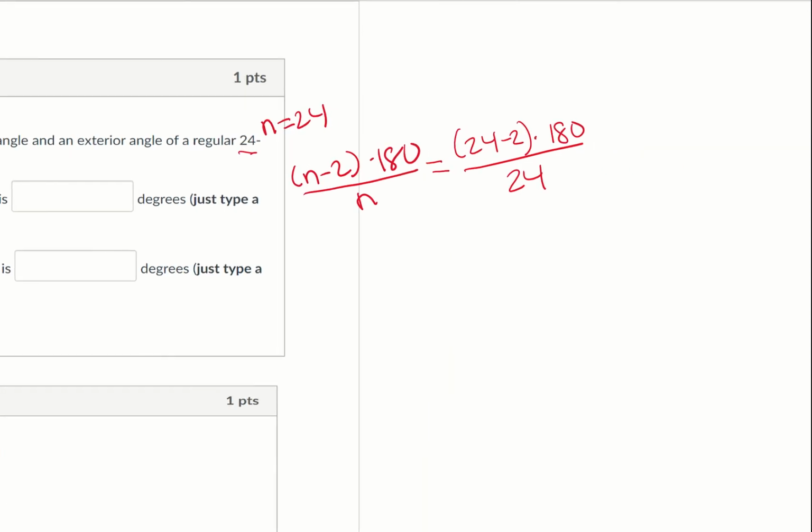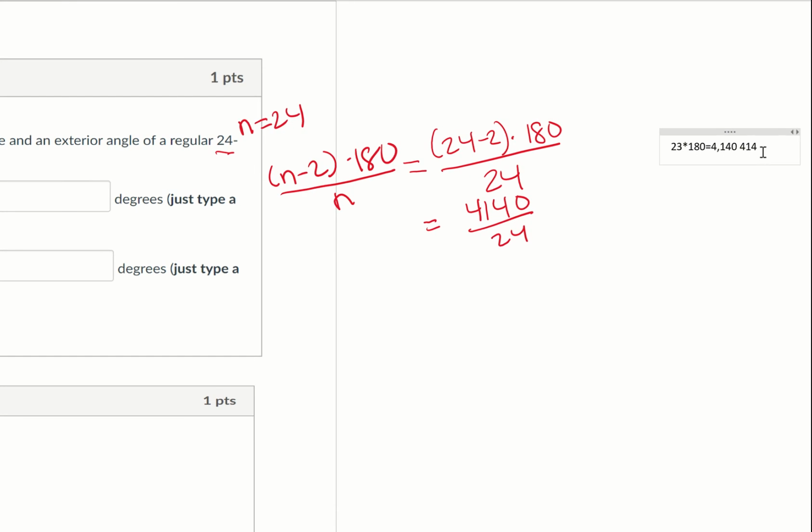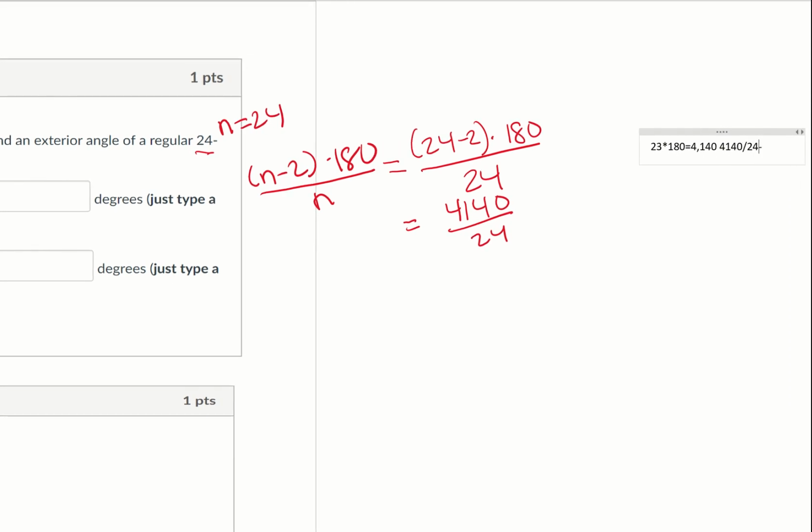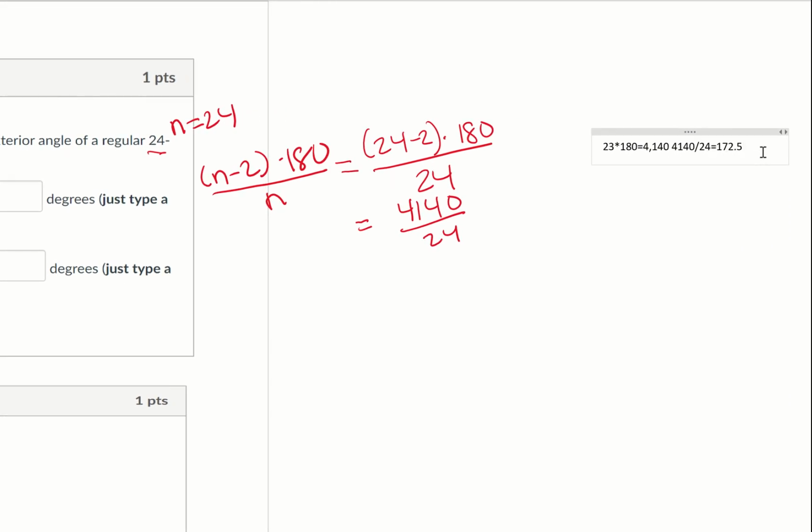So we'll do this on the calculator. We have 23 times 180 is 4140. Divide that by 24, and that leaves us with 172.5. Oh, I made a mistake on here. This would be 22 times 180.